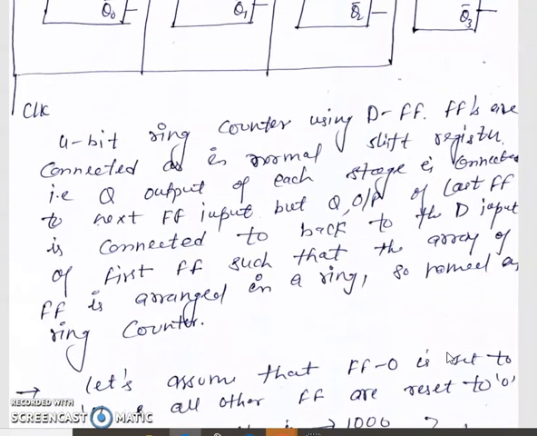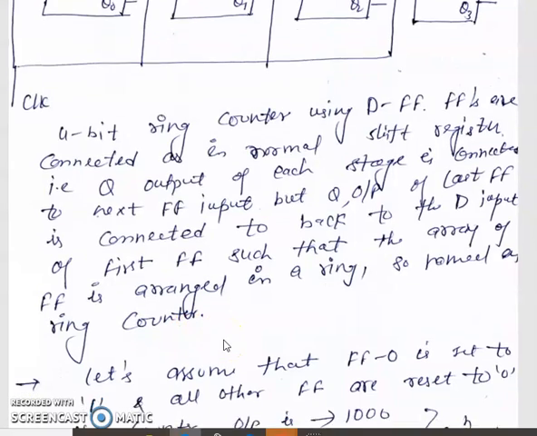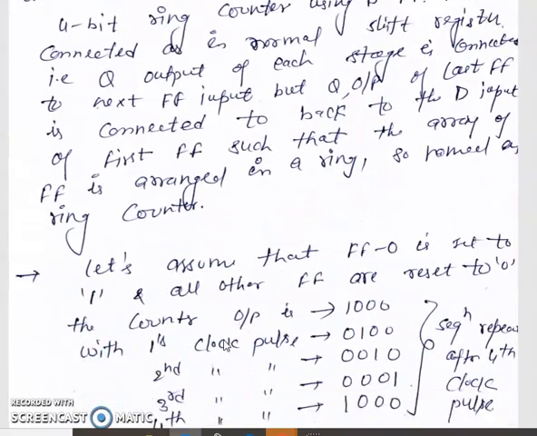For an n-bit ring counter using D flip-flops, all flip-flops are connected as a normal shift register, that is, the Q output of each stage is connected to the next input, but the output of the last flip-flop is connected back to the D input of the first flip-flop, such that the array of flip-flops is arranged in a ring and is named a ring counter. Okay, let's start.